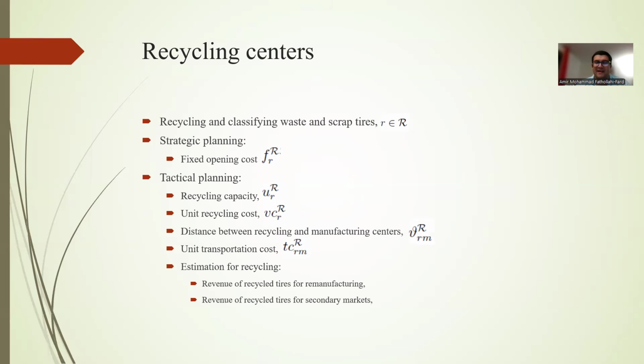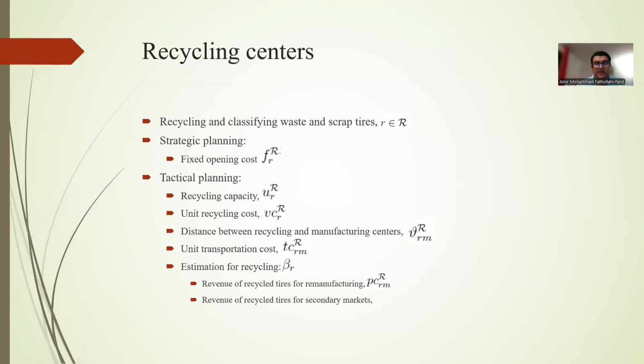It is estimated that only a fraction of recycled tires can be transferred for remanufacturing based on their quality. There is revenue associated with each recycled tire that can be considered for remanufacturing.